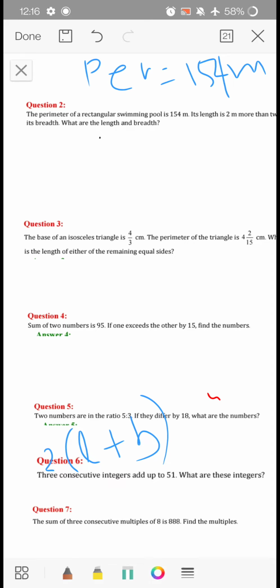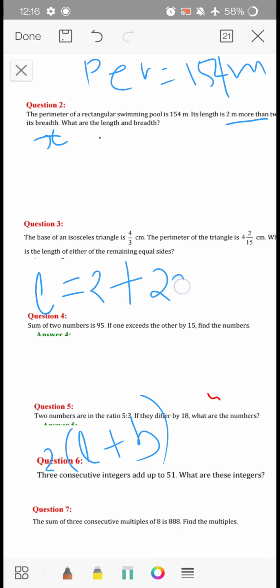Its length is 2 meter more than twice of its breadth. Twice means 2 times its breadth. So let's suppose that its breadth is b, or its breadth is x.